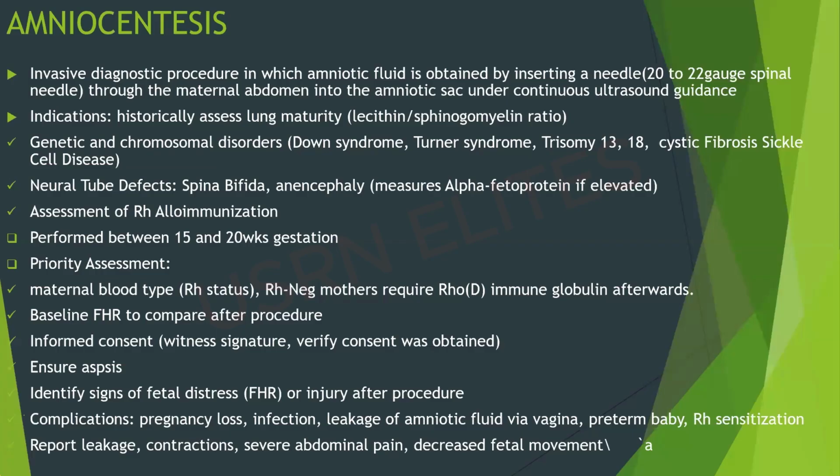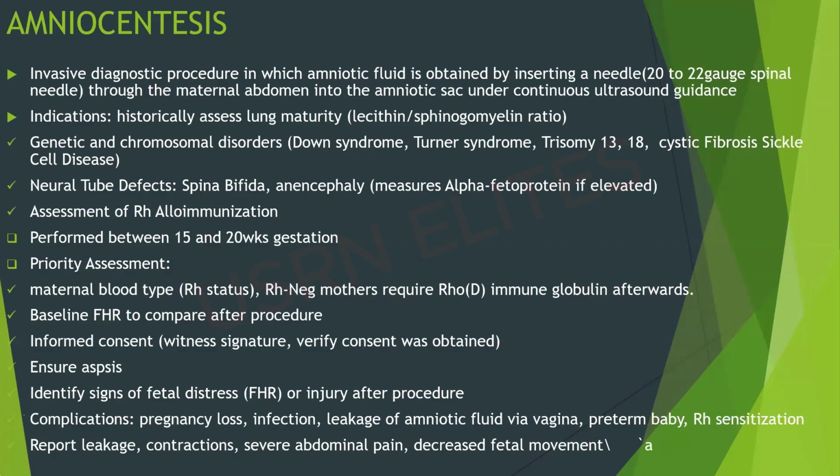They do a ratio, and if we are having enough of it, we say the child's lung is fully matured. So they use the amniotic fluid to assess lung maturity.